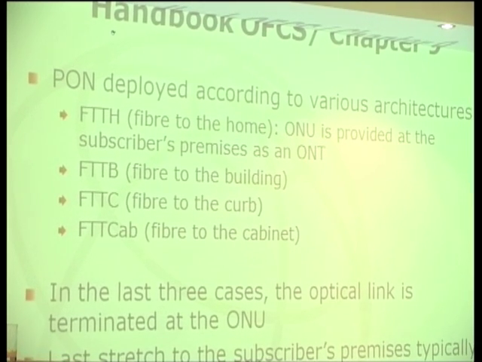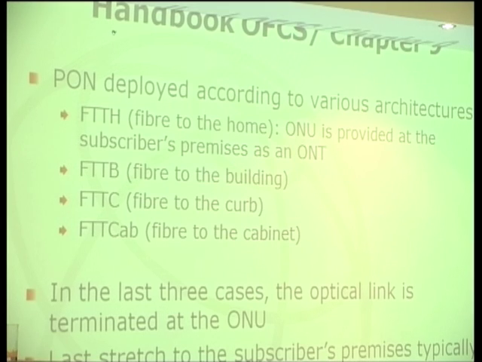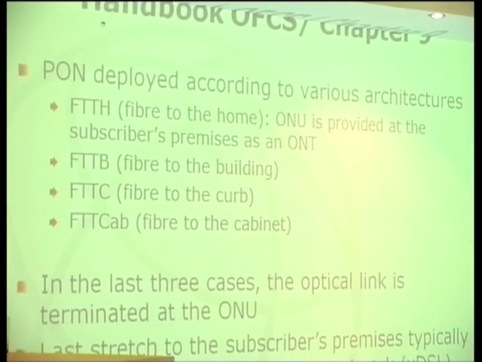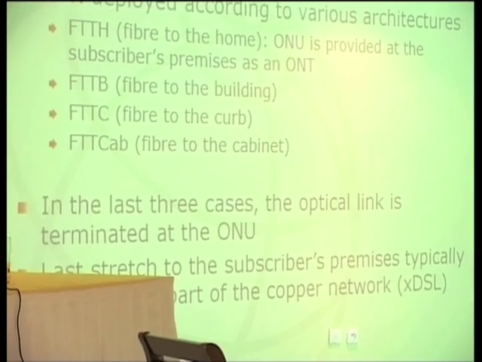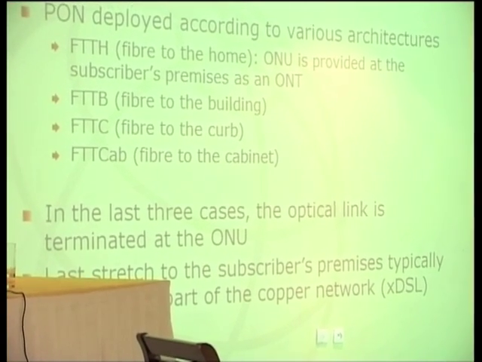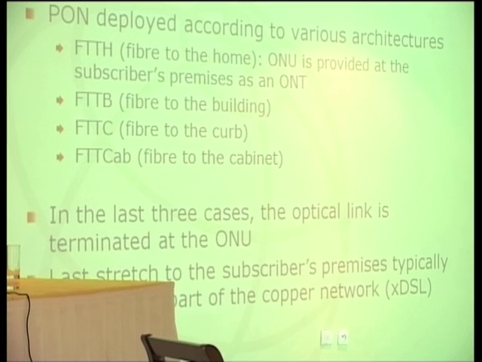So the original names for those technologies were fiber to the X, where X means something between the central office and the user. So we can have fiber to the home, FTTH, fiber to the building, fiber to the curb, fiber to the cabinet.